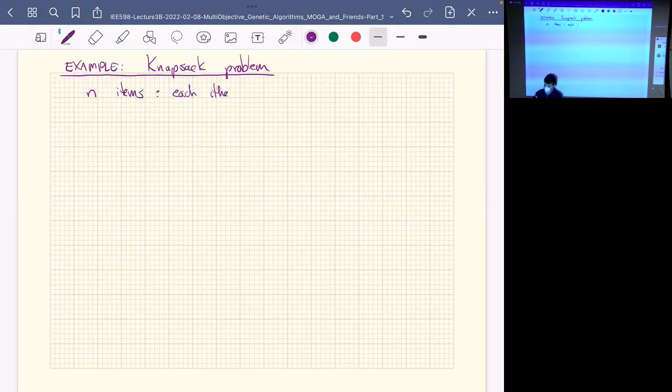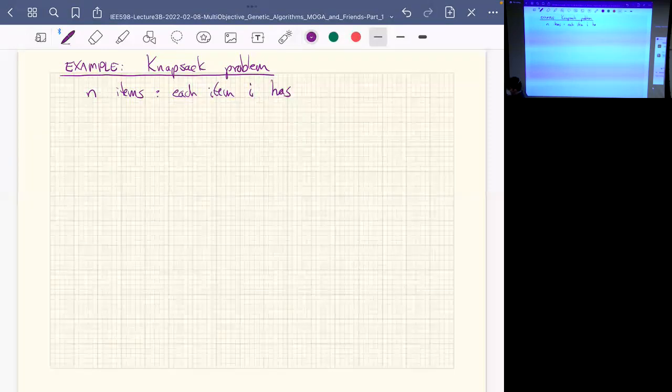Each item i has a weight, w_i, and profit, p_i, associated with it.